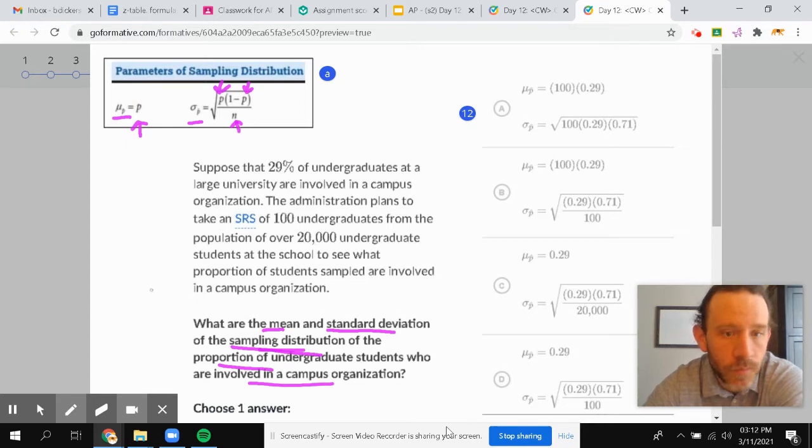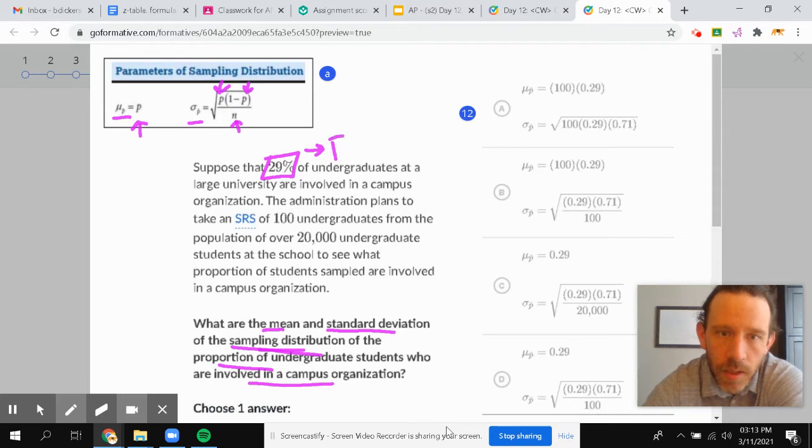We need P. And when we look in here, we read the question and we say that suppose that 29% of undergraduates at a large university are involved in a campus organization. That is the P, because we're looking for the proportion of undergrads involved in a college campus organization, and that's all of them. So that's the population proportion that they're telling us.